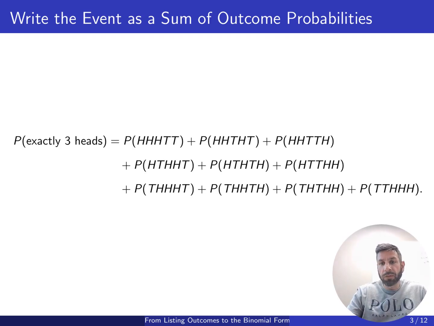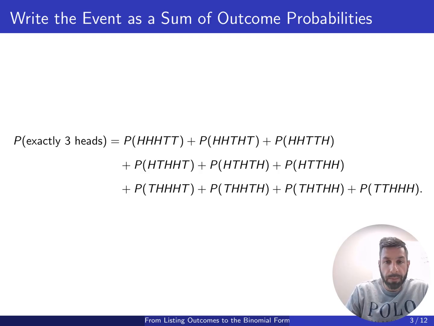If I were to list all the ways that I can get exactly 3 heads, I have 10 of them. I can go heads, heads, heads, tails, tails. I can go heads, heads, tails, etc. So there are 10 ways in which I can get exactly 3 heads out of 5 tosses.